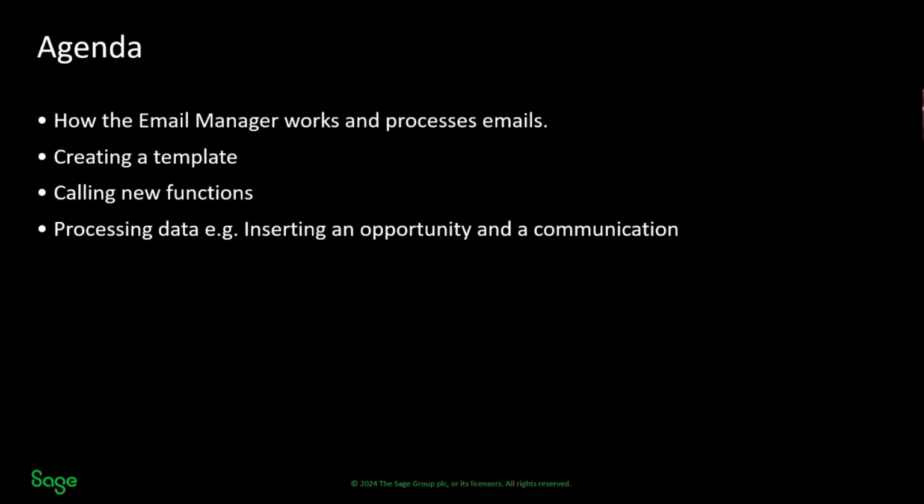So what I'm going to do in this lesson is to look at how the email manager works and processes emails, how we can go about understanding what is happening as that process takes place, so that we can then see how we in turn can create our own template and how we can pass parameters to it, including new functions and new behaviors, and what the scope of those behaviors are, so that the impact of both the scope of reference and the scope of effect is understood.